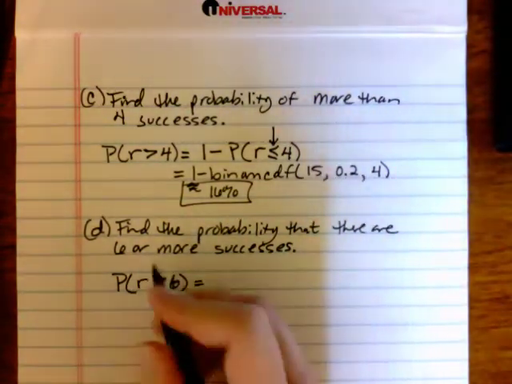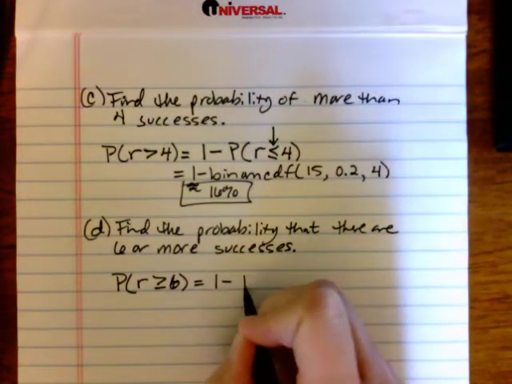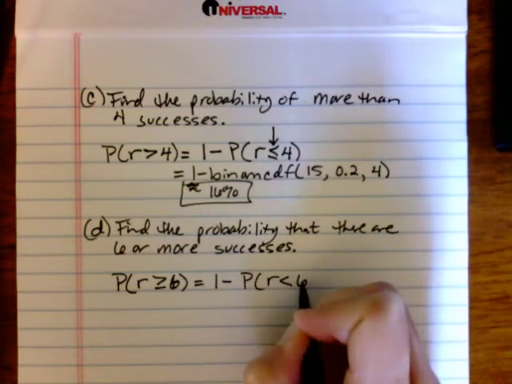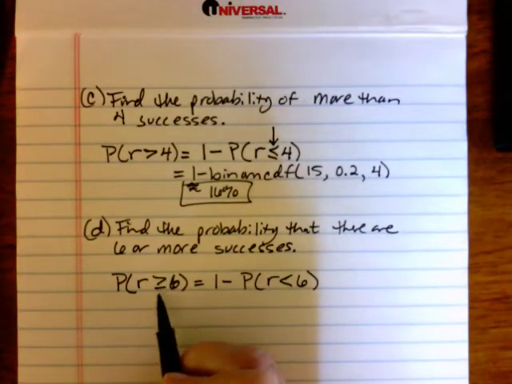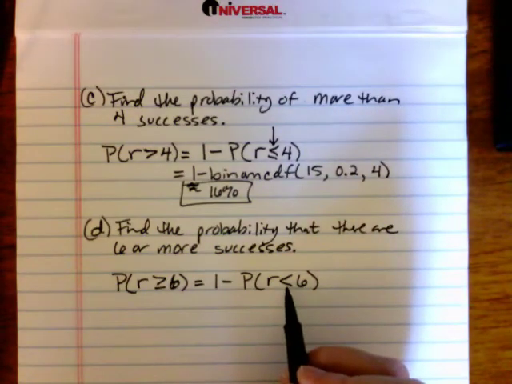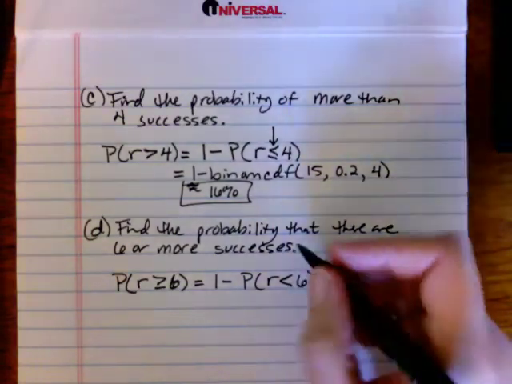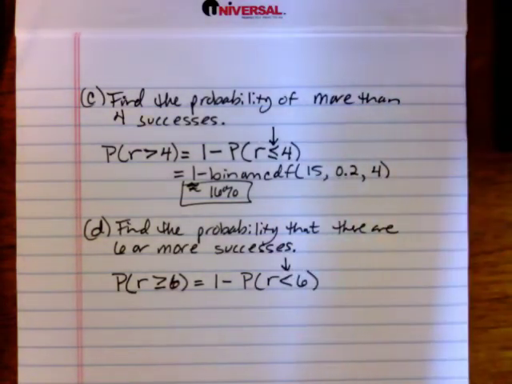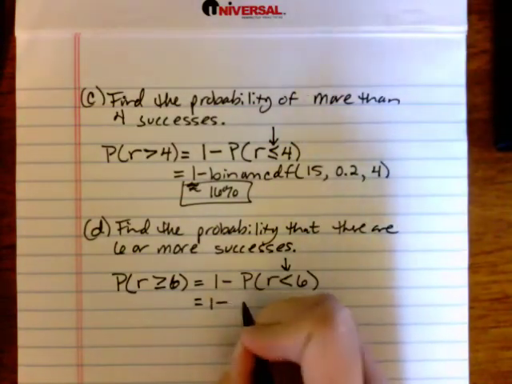Again, if I want to put that in the calculator, I need to get this to flip around to be a less than symbol. But this time, when I try to use the complement rule and do the 1 minus, the opposite of greater than or equal to 6 is less than 6. But in order to use binom CDF in the calculator, this symbol needs to be a less than or equal to. So I have one more step.